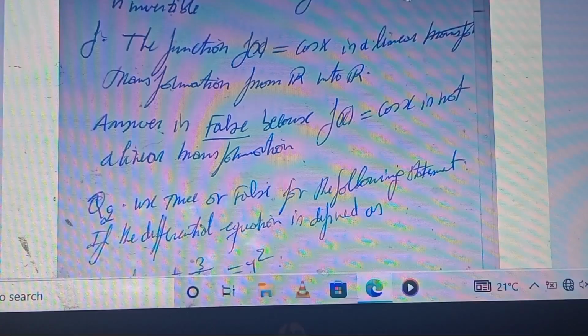F. The function f(x) equals cos x is a linear transformation from R into R. Also here it is false because f(x) equals cos x is not a linear transformation.